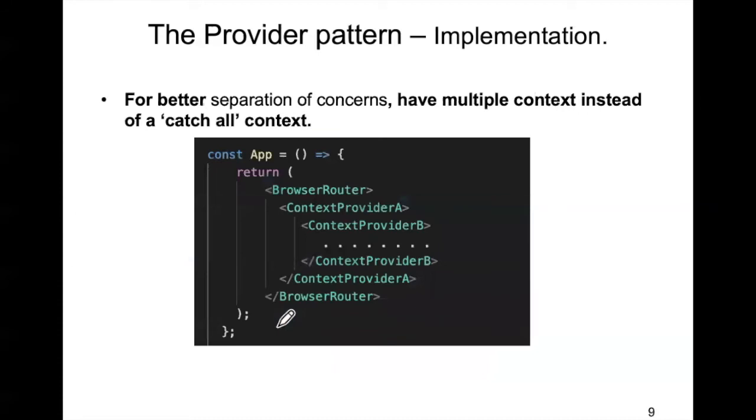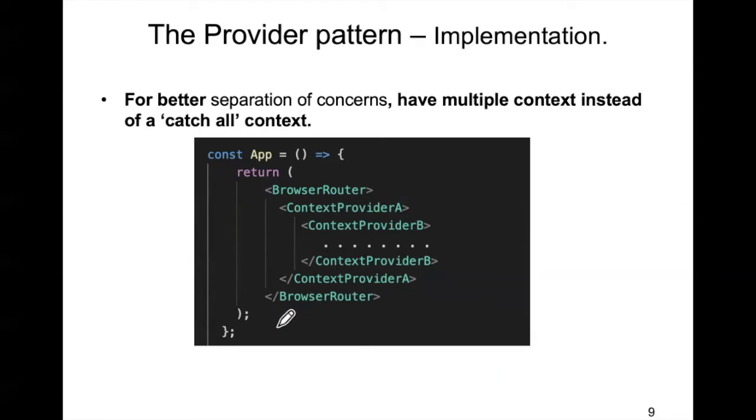In many cases, you may have a number of different aspects of data that you want to share across your component hierarchy, but the data may be slightly unrelated to each other.